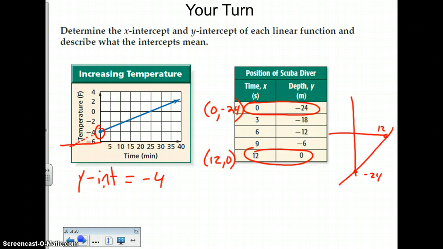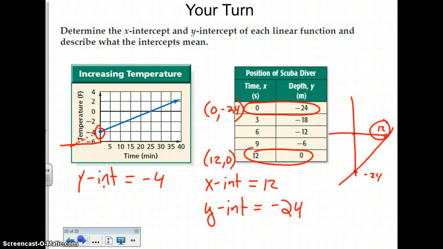So the x-intercept is 12 and the y-intercept is -24. When we're over 12, we are at a depth of 0. So after 12 minutes, we are at a depth of 0 meters. At the beginning of our time, the y-intercept, at 0 time, we're at -24 meters.